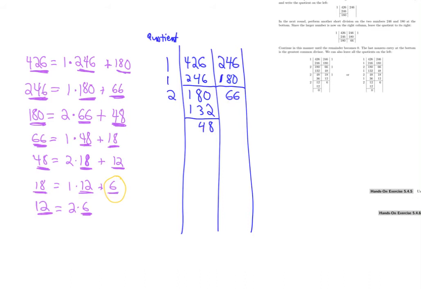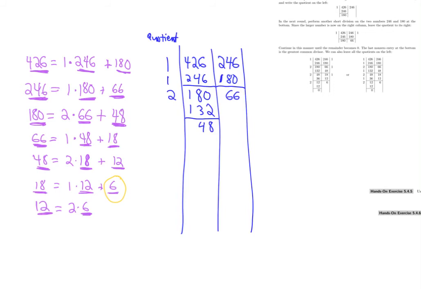When we write a number below another number in this scenario, that's where the subtraction happens. So we always need to think of what the quotient is before we write a number here. So at this point we have a 66 over here, we have a 48 over here. These are remainders left over from different steps. And so we're going to apply the division algorithm to these two numbers, which corresponds to this step over here.